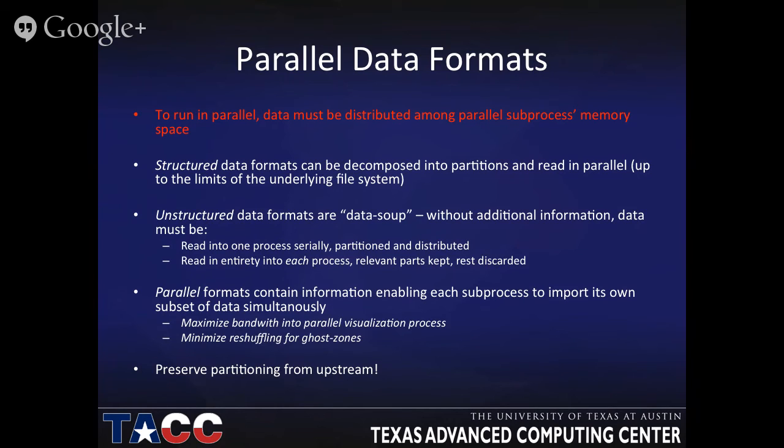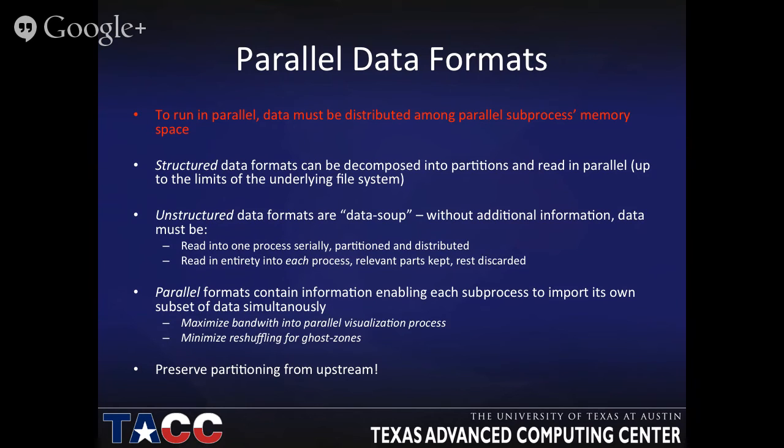So what we do instead is we have so-called parallel data formats, ways to put data onto the disk in a manner in which individual nodes can figure out what part they're going to be responsible for and read in their part of the data while everybody else is reading in their part of the data. That way now you have 1,024 nodes working on this big data set.